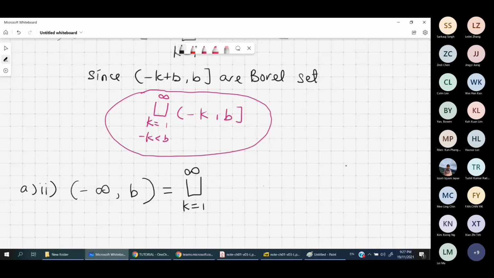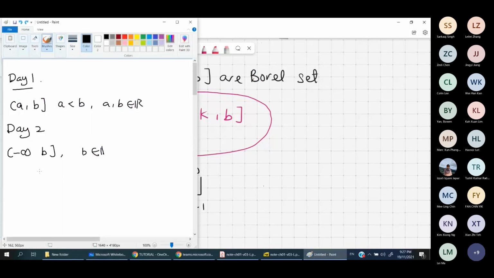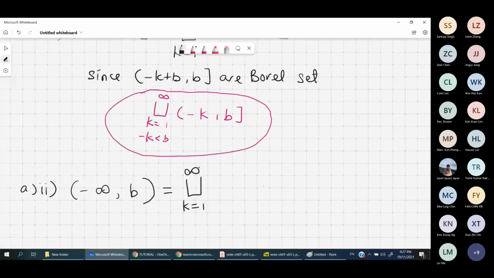The answer is, again, we know anything like this will be a Borel set. So this B could be any number. This can be written as the union of negative infinity to B minus 1 over K, closed.